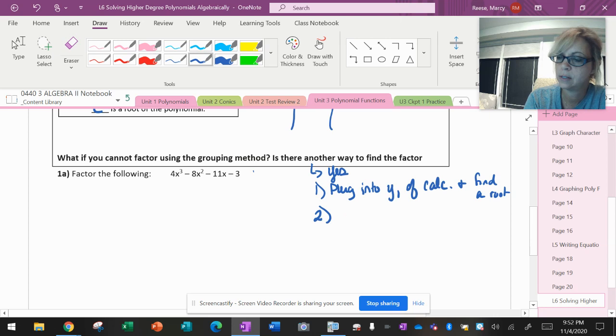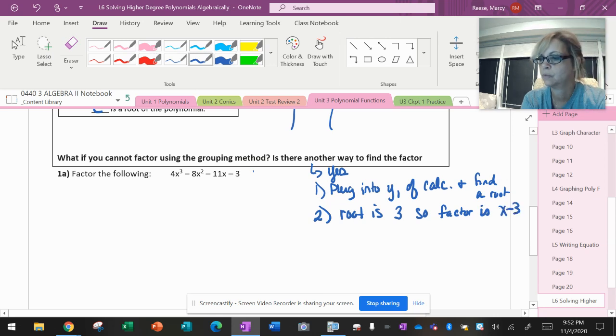And in this case, my root is 3, right? That's my root. So my factor is x minus 3 because I'm using the factor theorem.